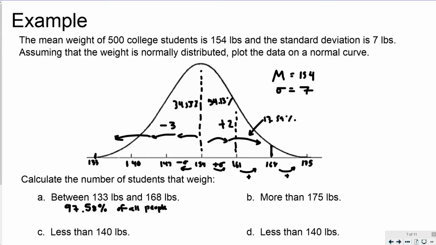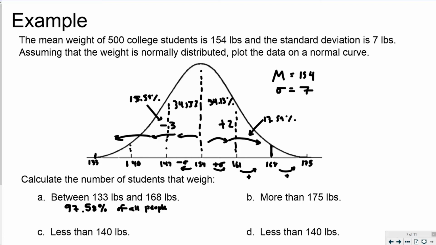In here, that was again also 13.59%. These percentages, the 13.59, the 34.13, they don't change ever on a normal curve. They're always the same. So that's how I'm taking them from a previous normal curve and using them here.